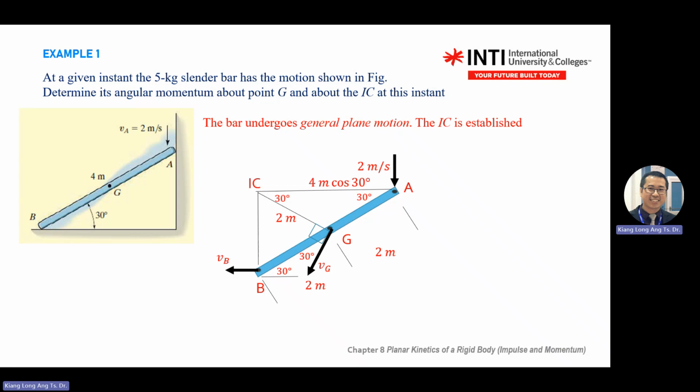Then this point A to IC is 4 meter cos 30. And if you're standing here, you view the velocity this way and this way. So you're actually seeing the thing swinging anti-clockwise. So draw the arrow of how it swings. This is the omega.